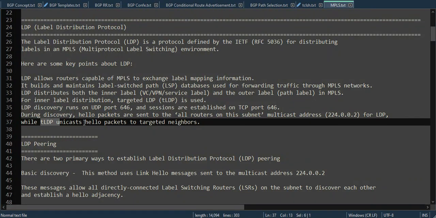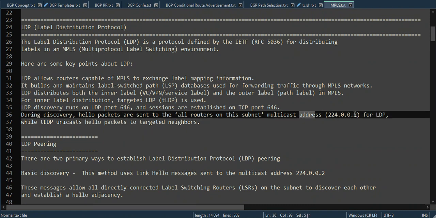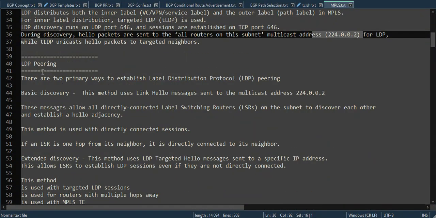TLDP uses unicast hello packets, but LDP uses the multicast address 224.0.0.2. This is the difference between TLDP and LDP.